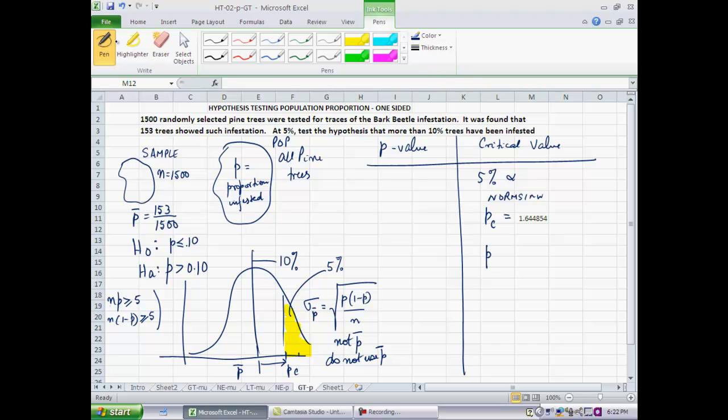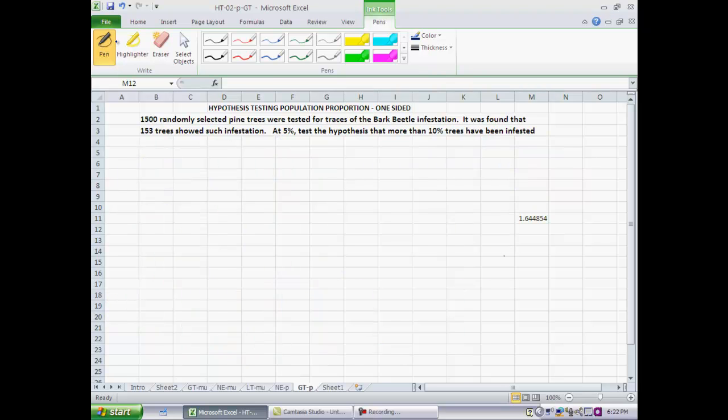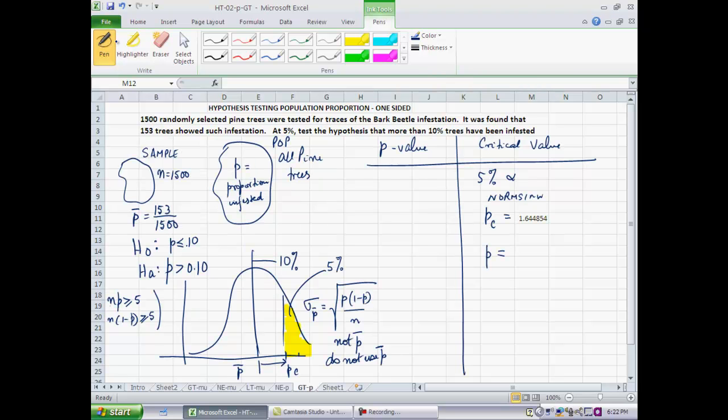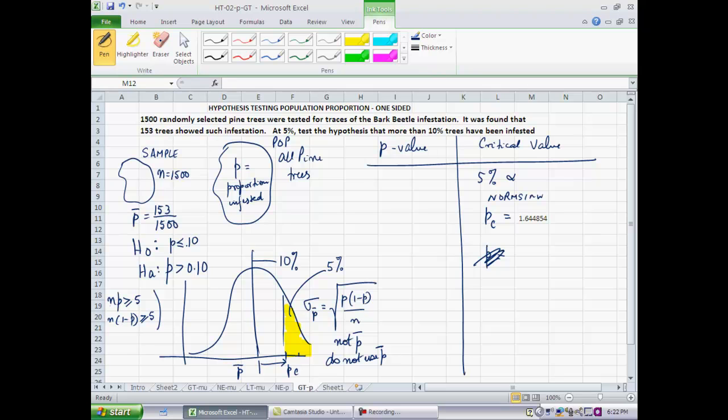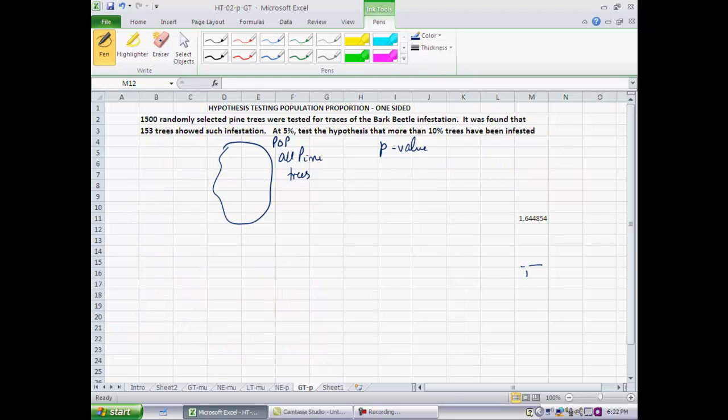So the sample statistic that I have, actually I could use the symbol P or Z for that matter. Since the sample statistic is normally distributed, we'll say Z equal to 153 divided by 1500.